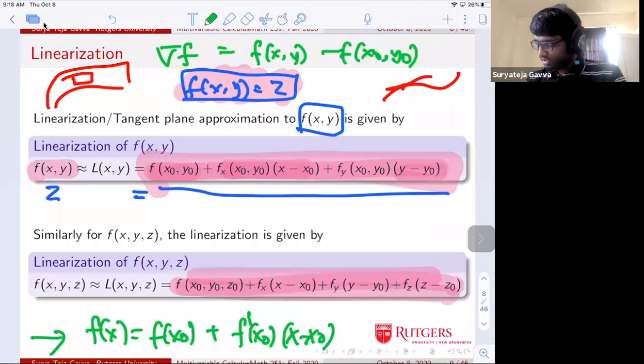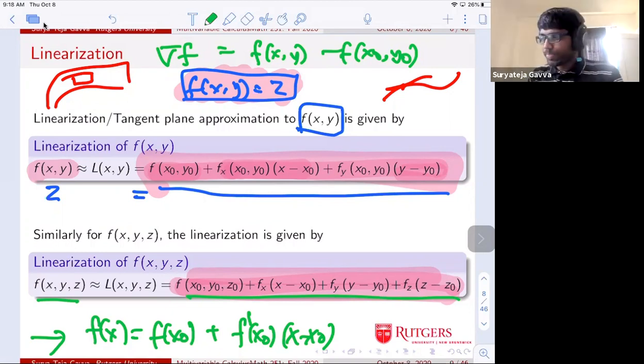Similarly, in three variables, delta f, which is f of xyz minus f of x0 y0 z0, is given by fx times x minus x0, fy times y minus y0, fz times z minus z0. And if I rearrange, I get f of xyz equals f of x0 y0 z0 plus something else.